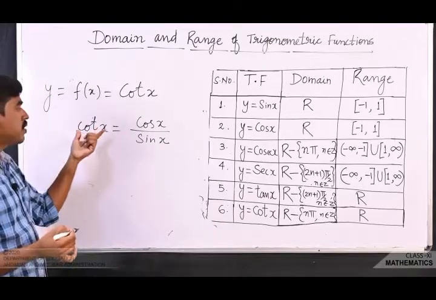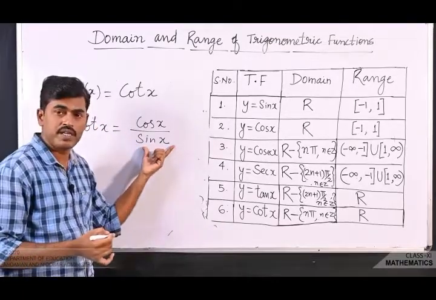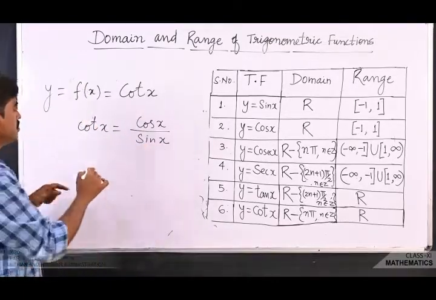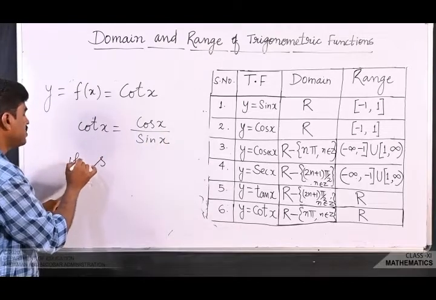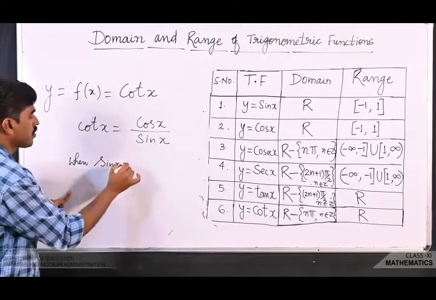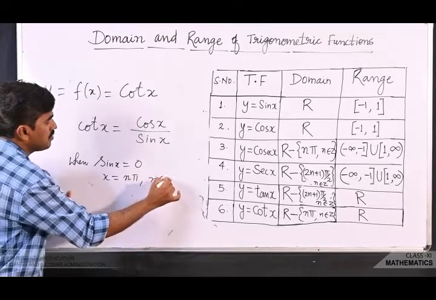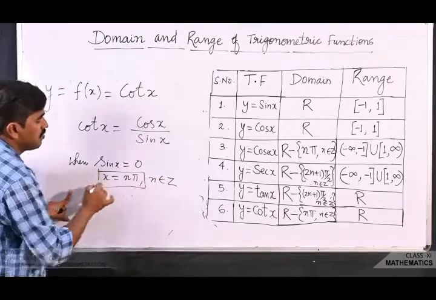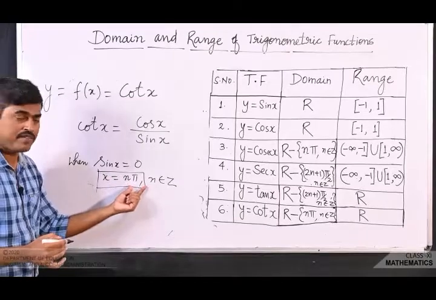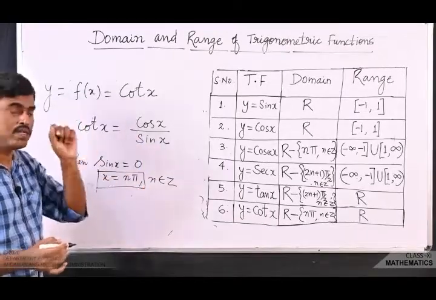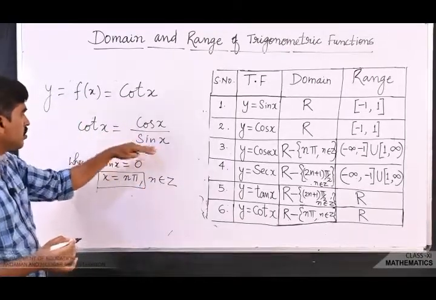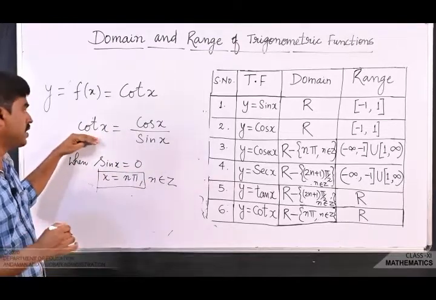So for cot x to be defined, sin x should not be equal to 0. We know that when sin x is equal to 0, x is equal to nπ where n belongs to Z. That means for all integral multiples of π, sin x will be 0. So if sin x is 0, then cot x is not defined.